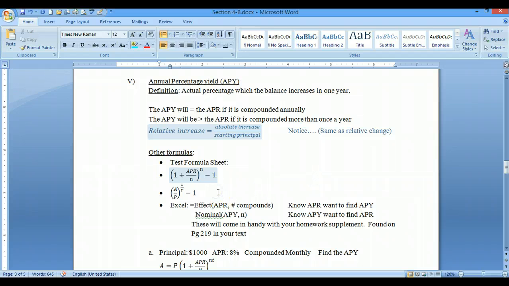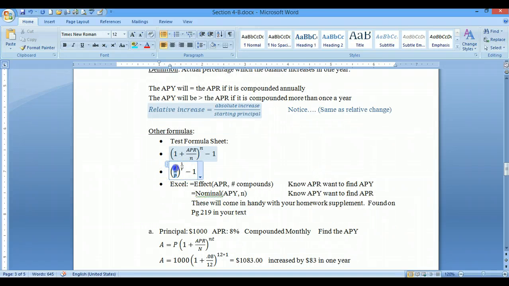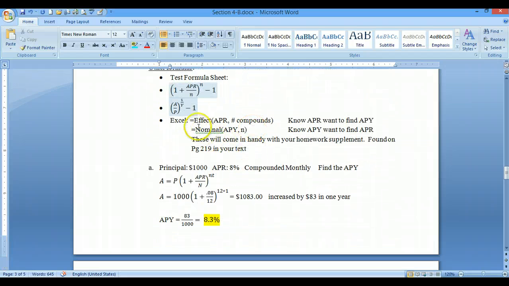Or you can do this one, which is the final amount, which you would still either have to find or be given, divided by the principal, raised to 1 over y, which is a fractional exponent, minus 1, or probably your new favorite, Microsoft Excel, where you can type in effect.